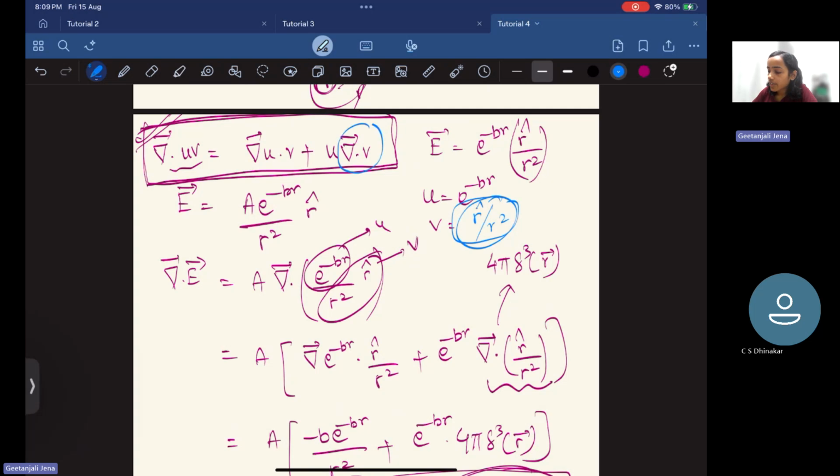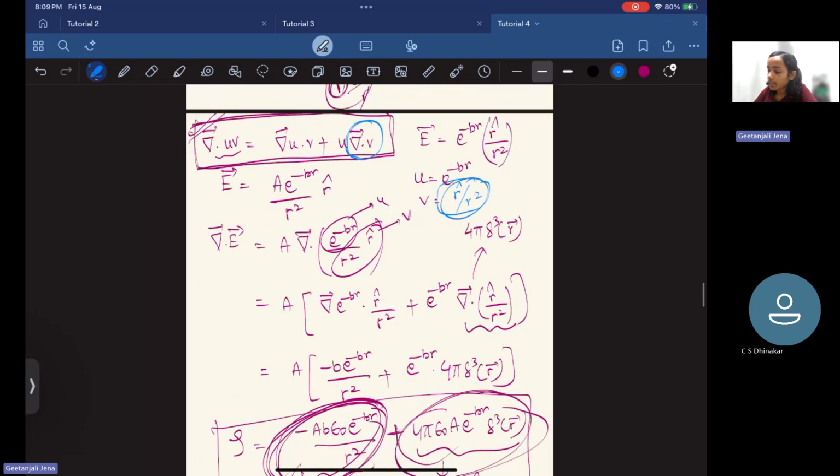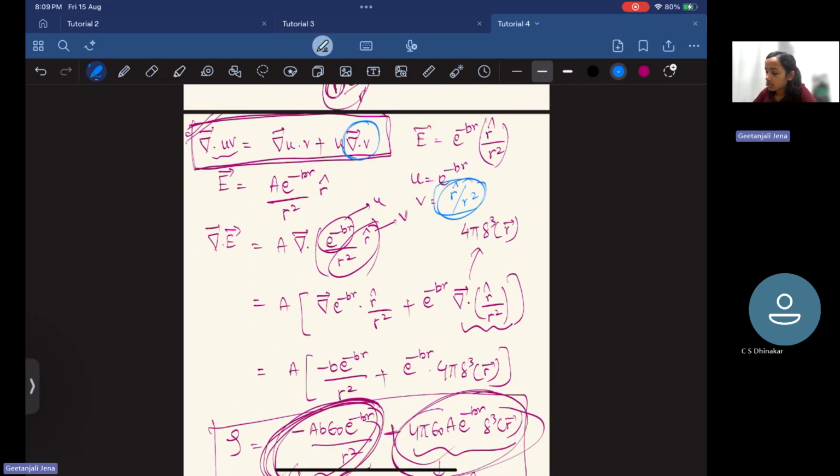You can see here the divergence of r hat by r square will give 4 pi delta of r. So next I just substitute u and v. So this is gradient of e to power minus br dot r hat by r square, and this is u times divergence of r hat by r square.